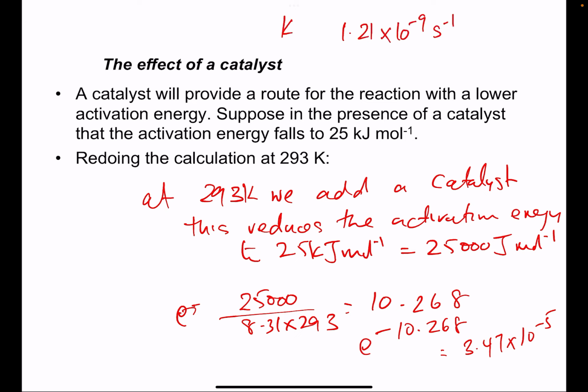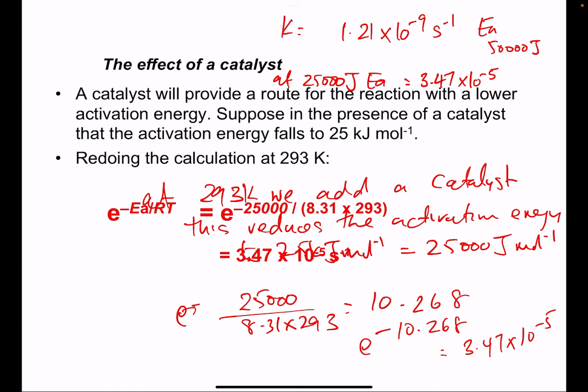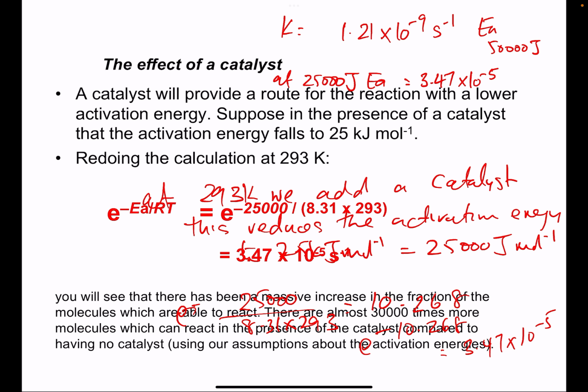At 25,000 joules of activation energy, the rate constant has increased to 3.47 times 10 to the minus 5. That's almost a 30,000 times increase in rate. So let me rub this off.